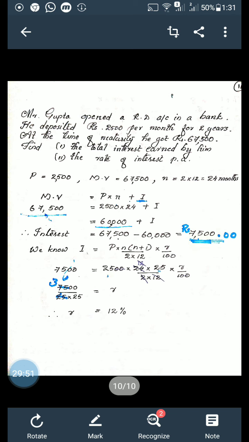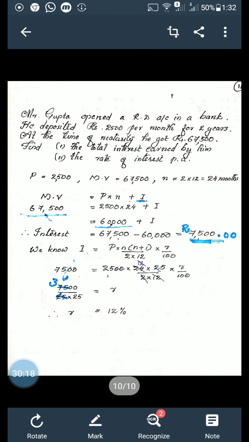So, first we can easily find his interest. Therefore, you can apply maturity value 67,500 is equal to P, 2,500 into n, 24, plus I. Then 2500 into 24 is 60,000 plus I.